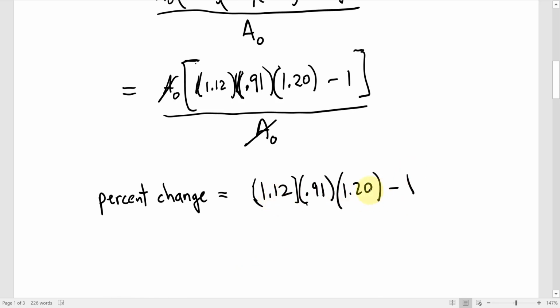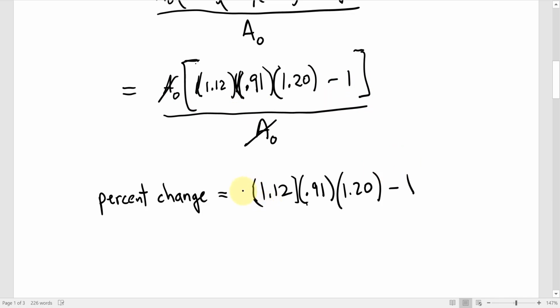So this is how I can calculate the percent change. I just recognize there are 3 equal periods of time: the first period we have a 12% gain, then a 9% loss, then a 20% gain, and we're just subtracting 1 because that's what's left over when we factor out the initial amount.